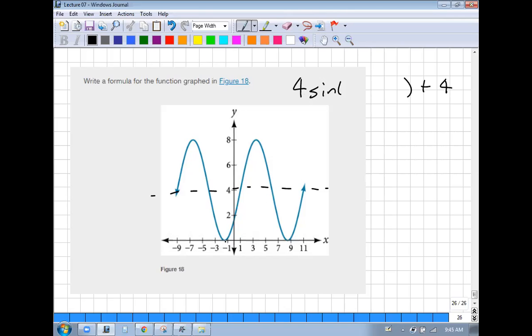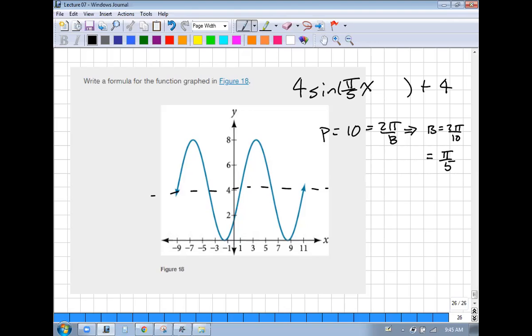From here to here, -1 to 9 is 10. So the period is length 10, and that's your 2 pi over b. Therefore b is 2 pi over 10, or pi over 5. So we know we need a pi over 5 x here. And now we just have to find our shift.